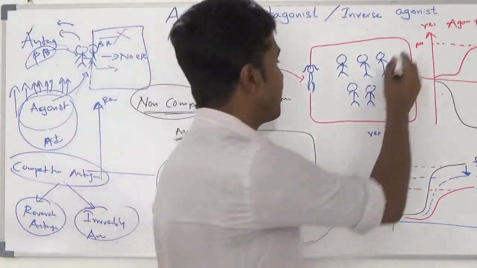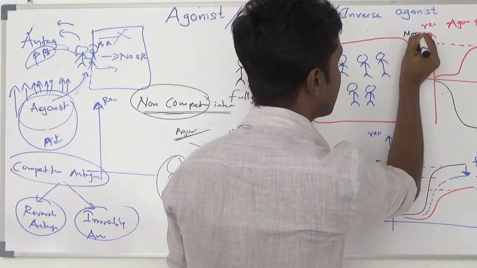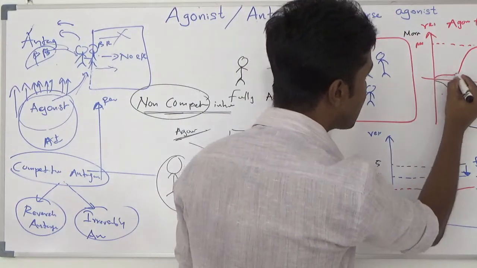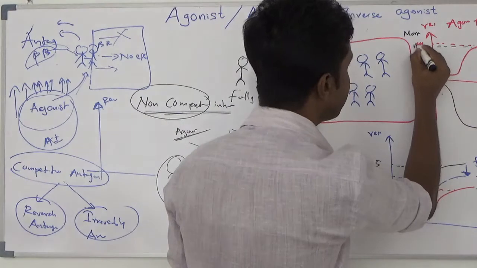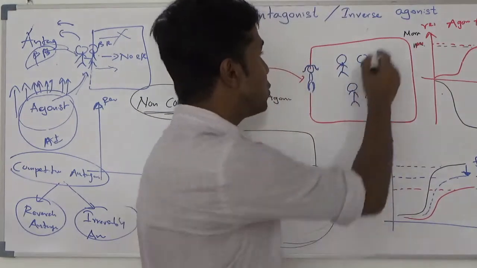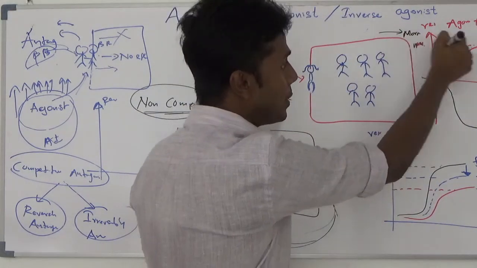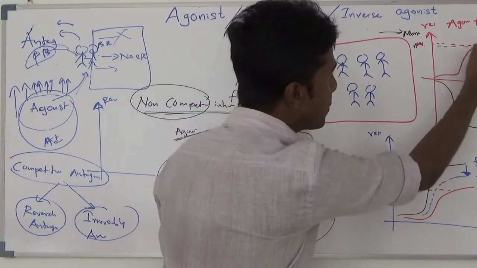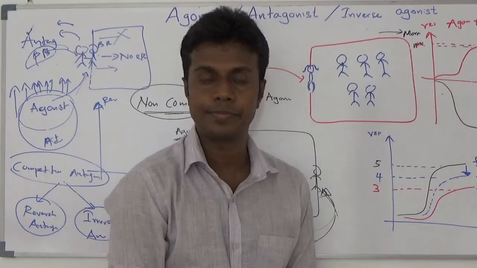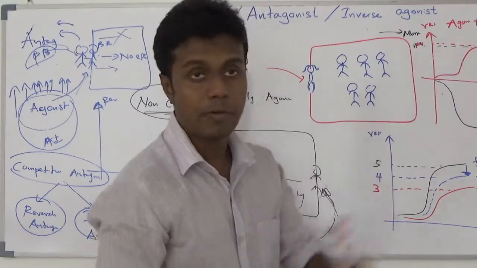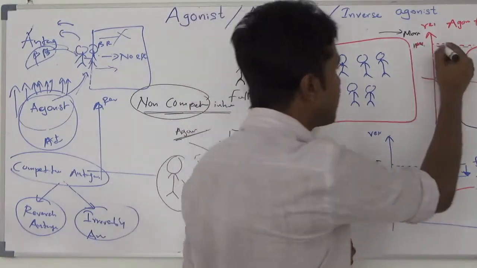Example, endogenous morphine. Once your endogenous morphine binds to your receptors, there will be no pain, maximum effect. Or once you give morphine, morphine goes and binds to your mu receptors and activates them. Then you produce maximum effect, there will be no pain.